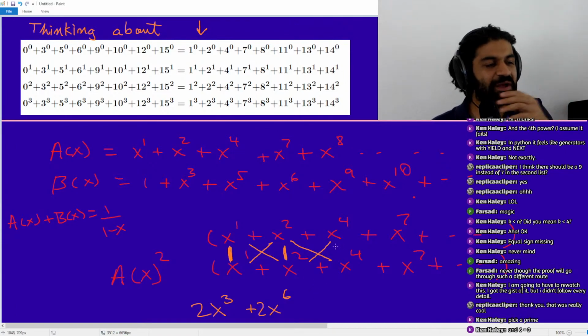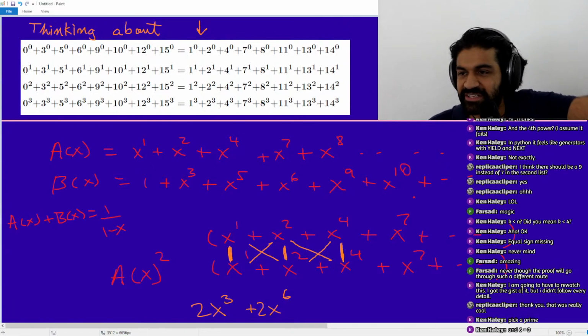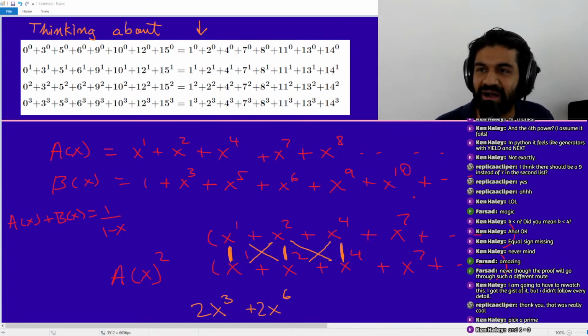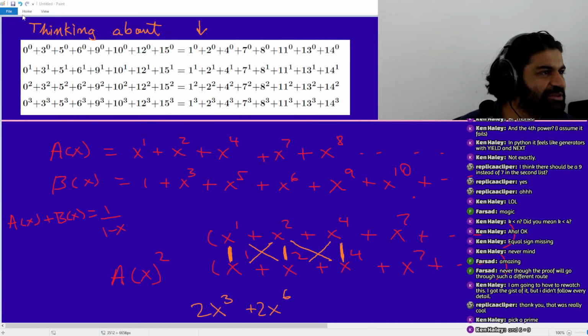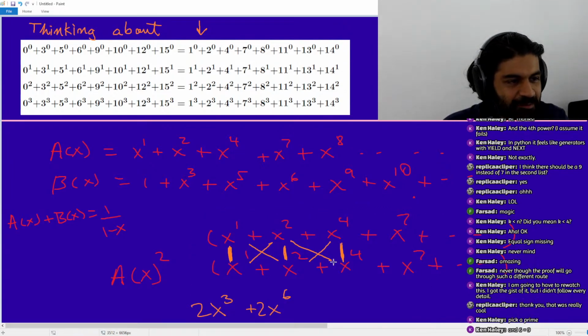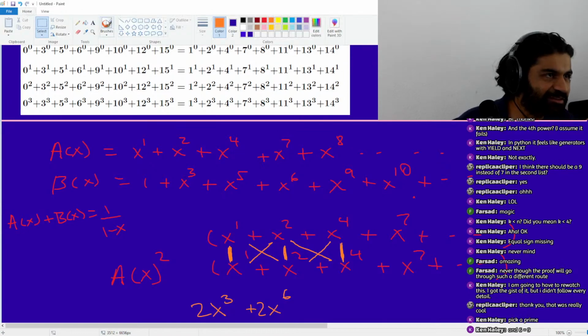So what I would like to do is get rid of all of these terms that involve multiplication of a term on the top with a term on the bottom, because what I'm after is sums that come from things that are pairwise distinct.